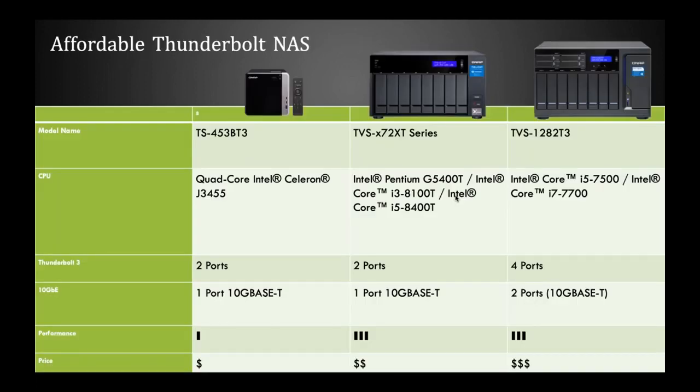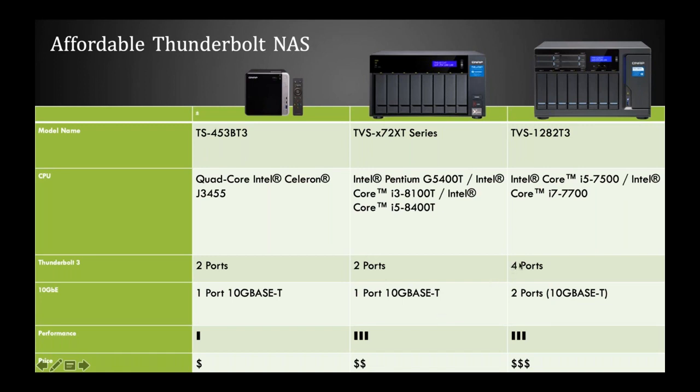Alternatively, you could choose to get a Thunderbolt NAS. The TS4533BT3 is great for 2K video editing. And if you want to have multiple simultaneous 4K video editors, I'd get one of these two NAS here. What's nice about the 1282T3 is it has 4 Thunderbolt ports and 2 10G ports, and the 72XT series has 2 Thunderbolt ports and 1 10G port.